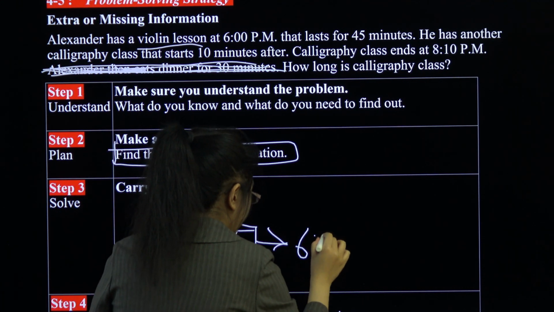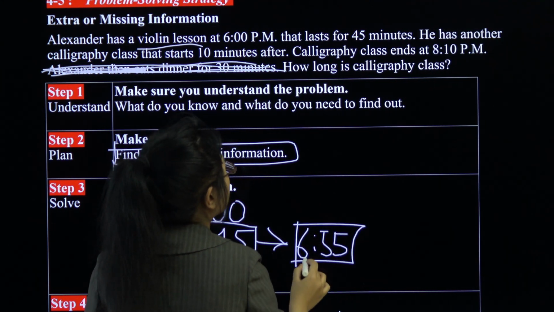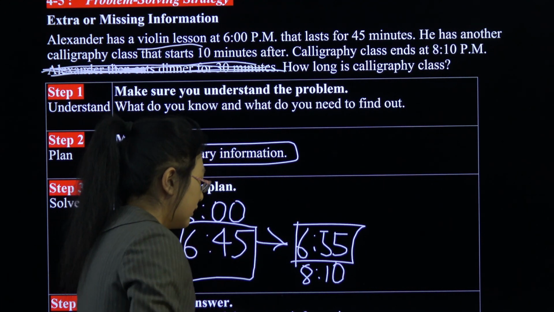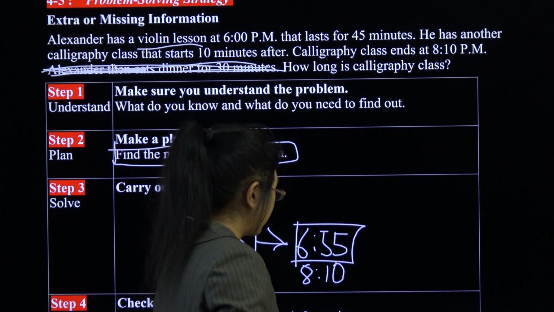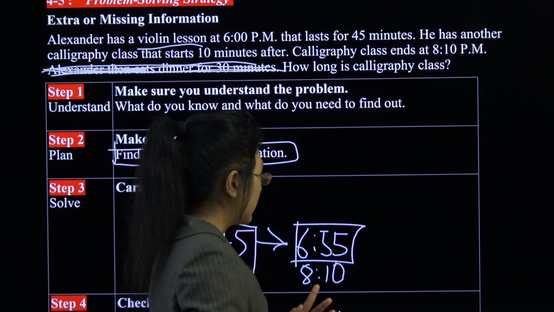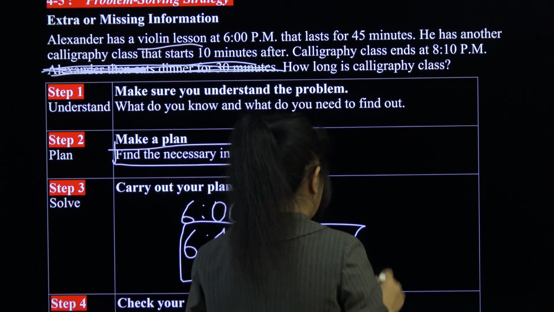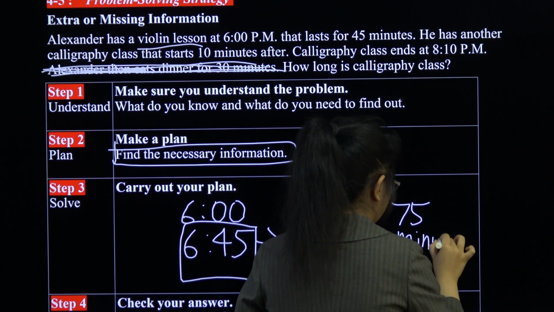That's 6:55. And we know that calligraphy class ends at 8:10. Now, how long is it from 6:55 to 8:10? Well, if we put in our knowledge about time, we get that it is 75 minutes, or an hour and 15 minutes.